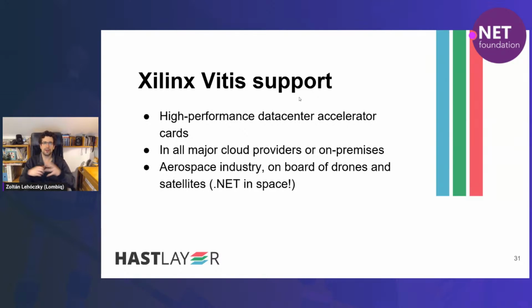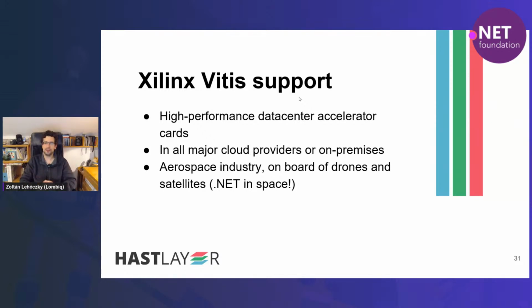And because of this, Hastlayer can target a lot of FPGAs already, or it can target even new ones with some feasibly low level of effort. And these FPGAs include onboard computers like this one that you can launch into space or put on board of drones. But it also includes some very high performance cards as well.